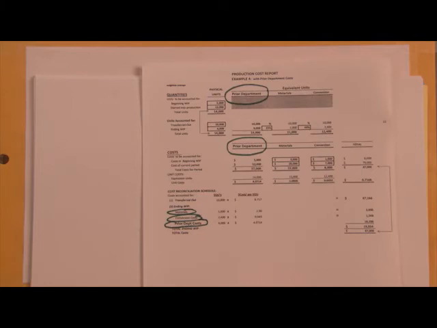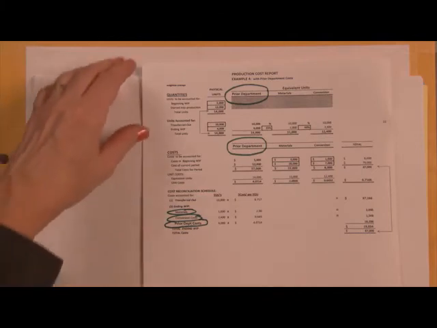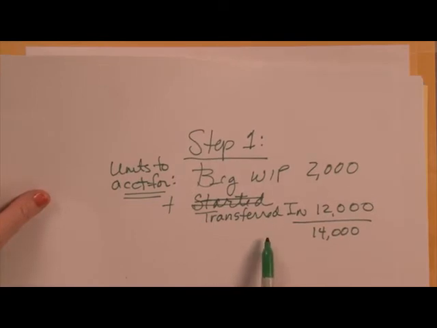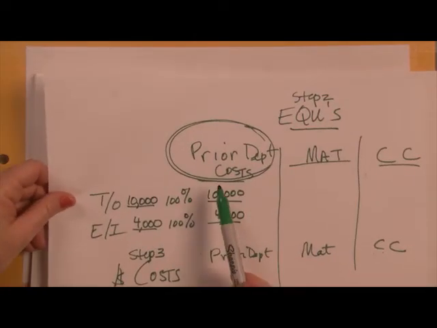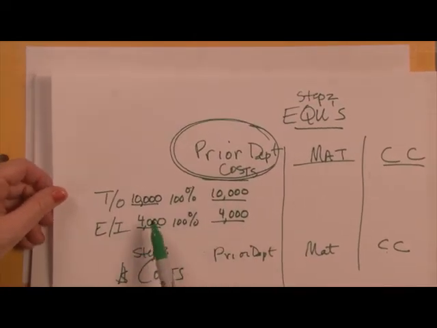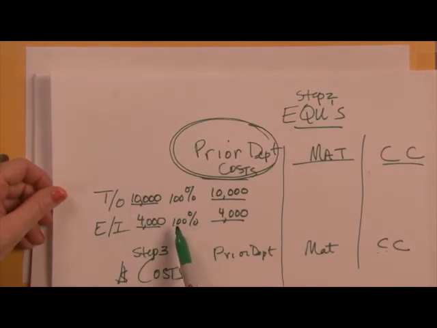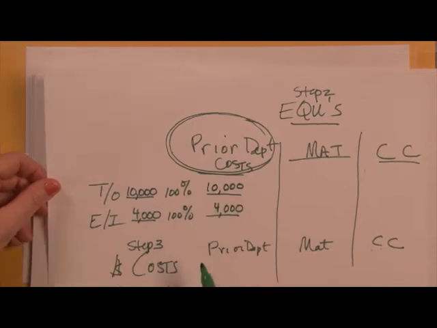Reviewing it quickly, in step 1, we're going to use the terms transferred in. In step 2, we're going to have a column called prior department cost, and all prior department cost, whether it's in transferred out or ending inventory, is always 100% complete as to prior department cost.